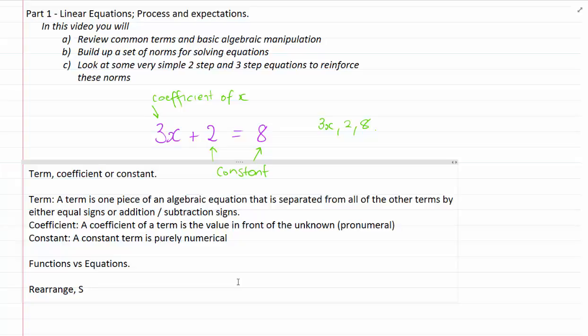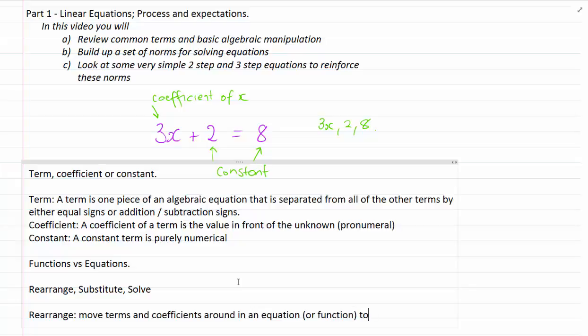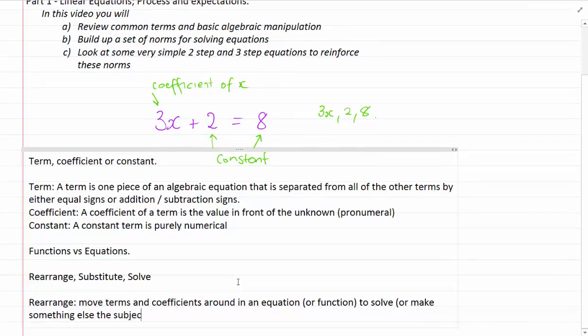There are other terms that you may need to use in an algebraic situation, but these will be the important ones for this topic. You may be asked to rearrange. In terms of an equation, this is where we move the terms and maybe remove coefficients in order to solve the equation. But rearrange also relates to functions. So in a function, you may rearrange to make some other unknown the subject of the function.